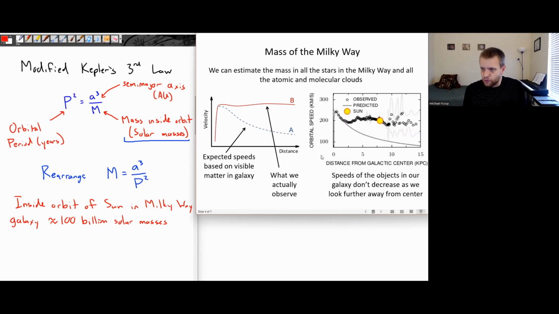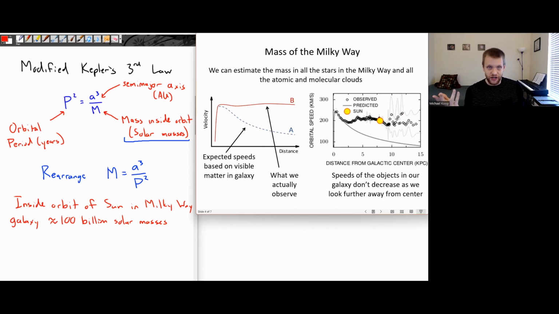This is a little bit more of a detailed case, looking at orbital speeds in the Milky Way galaxy versus distance from the center of the galaxy. What we predict is this solid line, that the orbital velocities should gradually decrease as you get further and further away from the center of the Milky Way galaxy. All these circles are what we actually observe.